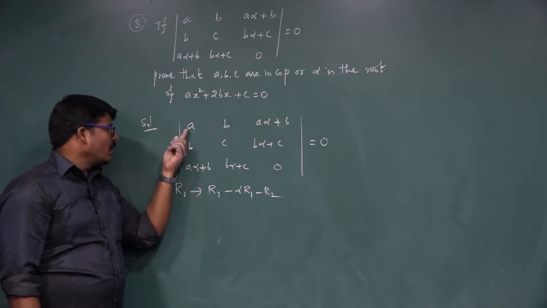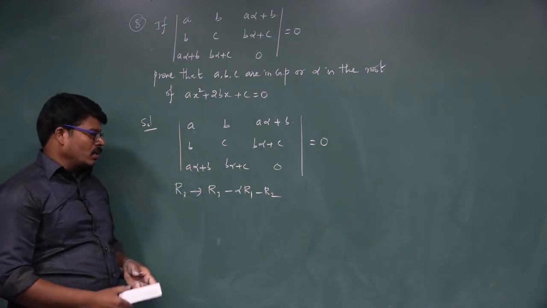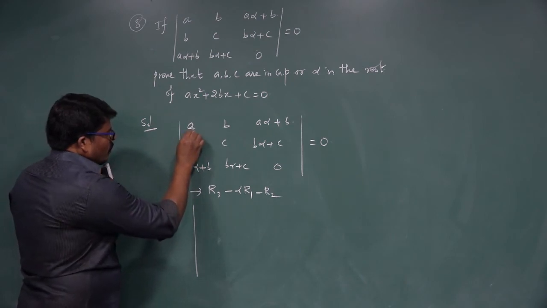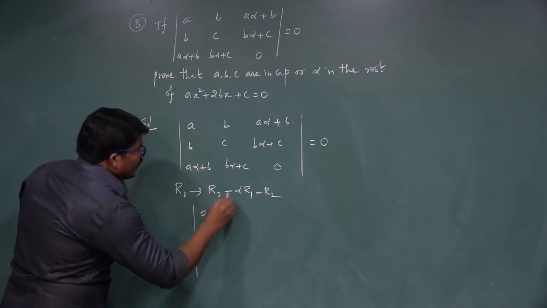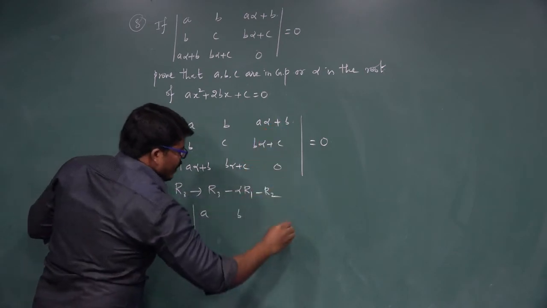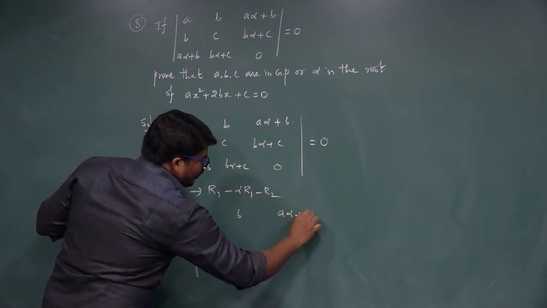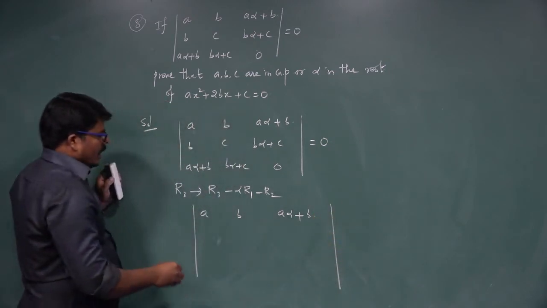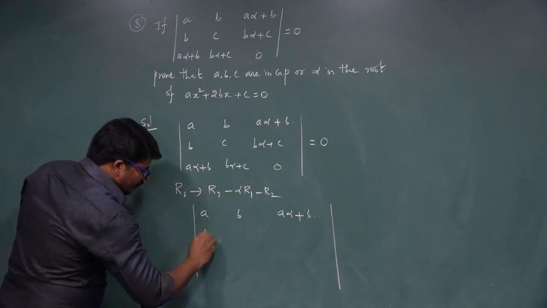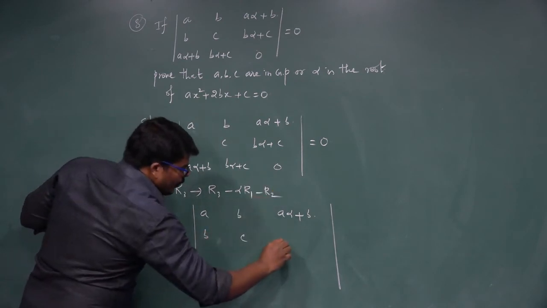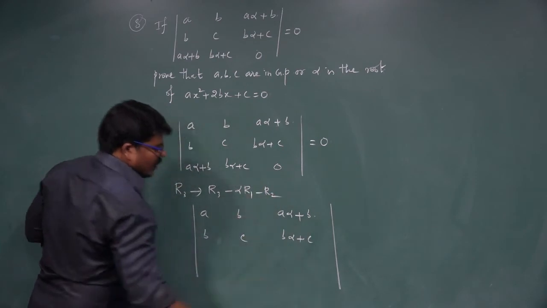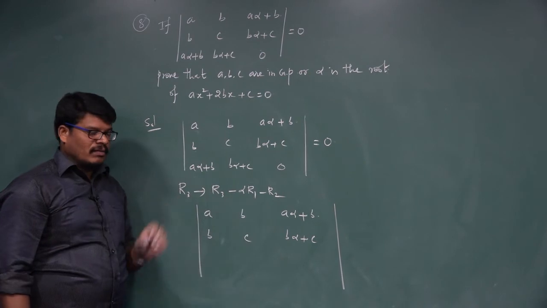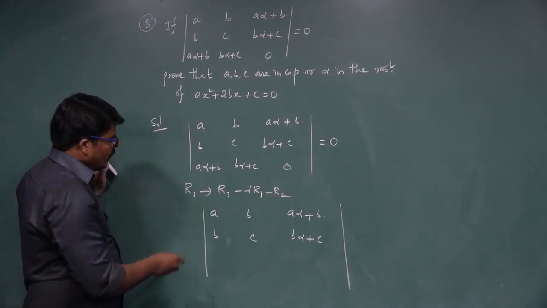The determinant: the first row is as it is, A, B, A alpha plus B. The second row as it is, B, C, B alpha plus C. And the third row is R3 minus alpha R1 minus R2.